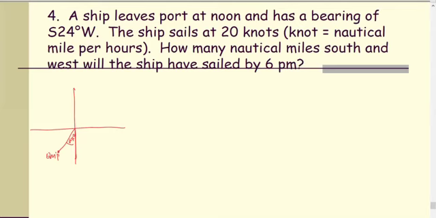How many nautical miles south and west will the ship have sailed by 6 p.m.? The ship leaves the port at noon, and we are looking for the south distance and the west distance after 6 hours. After 6 hours, the total distance would be 20 multiplied by 6, or 120 miles.